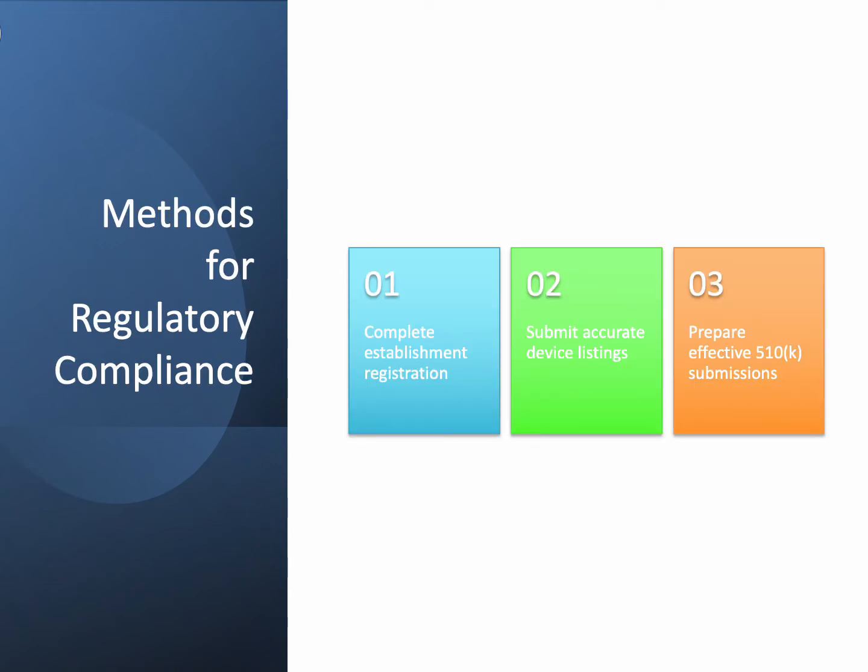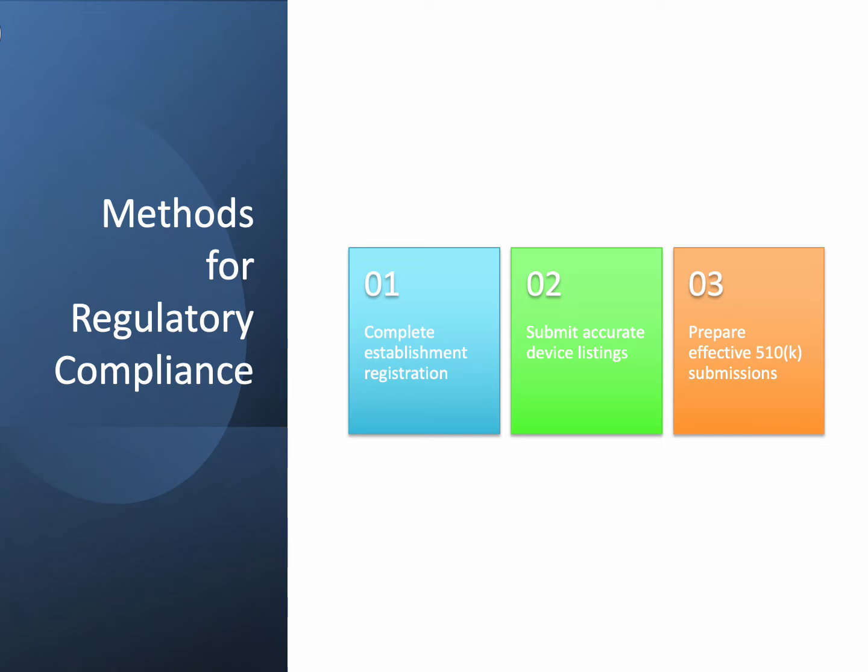Following applications, let's discuss methods for regulatory compliance in U.S. medical device regulation. Completing establishment registration involves manufacturers and importers registering with the FDA electronically, verifying annually, and foreign entities designating a U.S. agent.